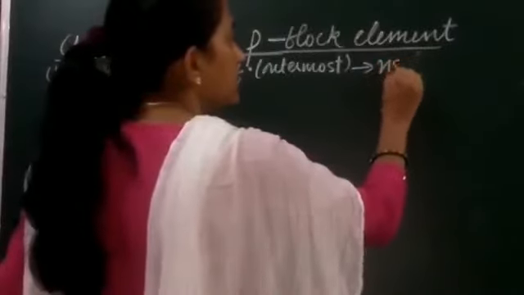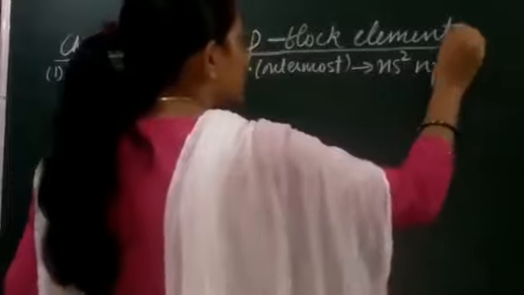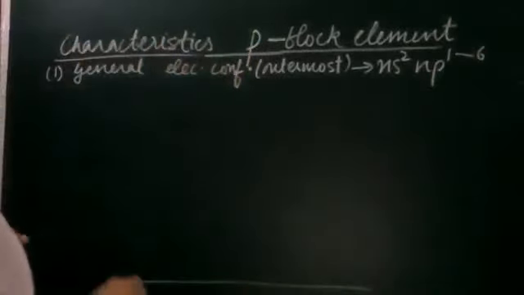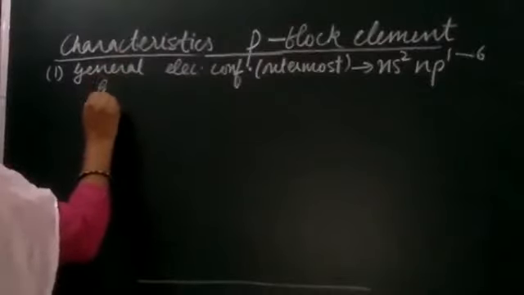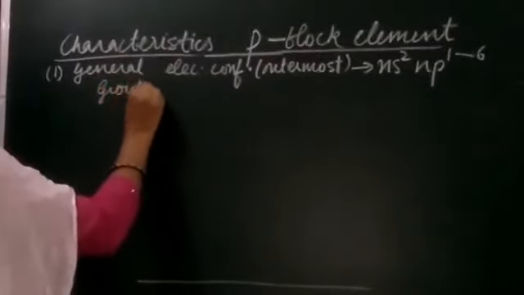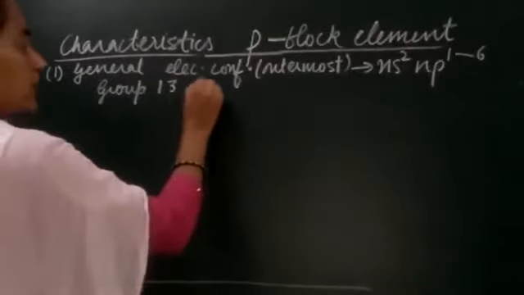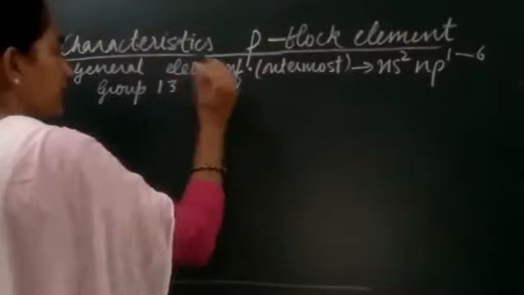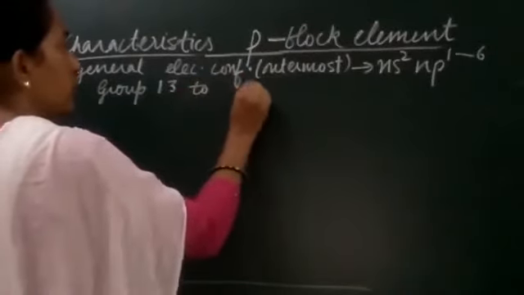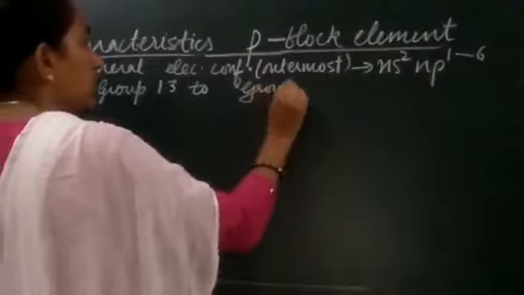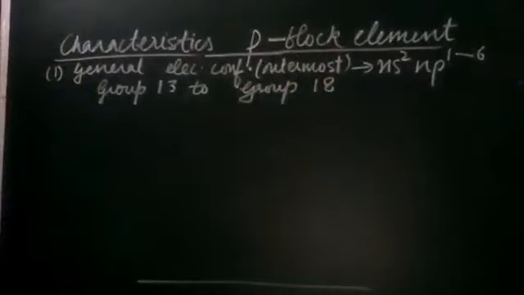It is ns2 np1 to 6, right? Now there will be gradual filling of these subshells. So it will include from group 13, right, 14, 15, 16, 17 and 18. So from group 13 to group 18 will be included in the P block element.